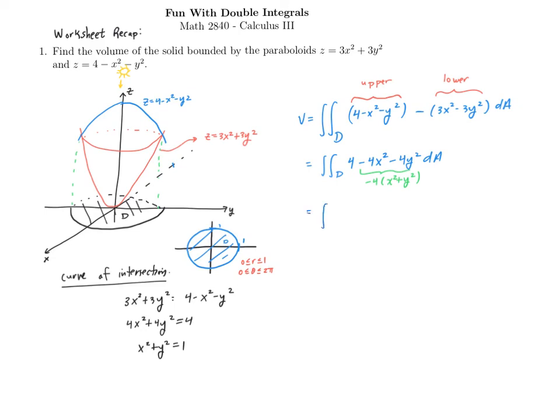So in the double integral, we have 4 minus 4r squared. The dA becomes r dr d theta. The r values vary from 0 to 1. The theta values from 0 to 2 pi.